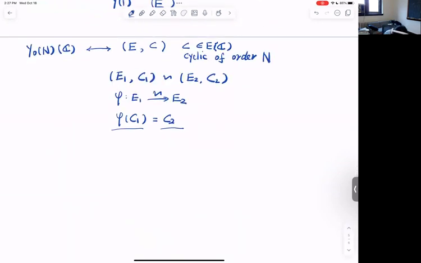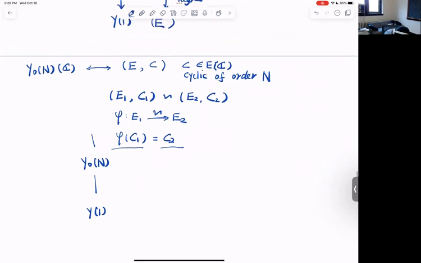So you can think of it as I have Y1(N) mapping to Y0(N). Here I have E together with a point, and I map it down to E with the subgroup generated by Q. And then I forget about the point and just keep the subgroup. So you can see this finite cover structure.